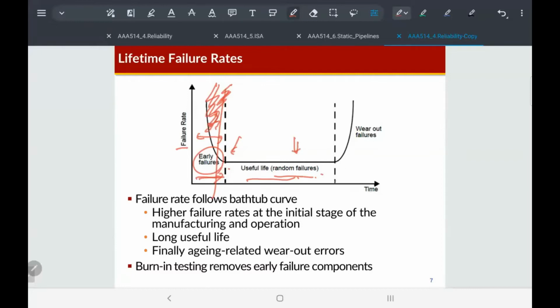And then after some very long time, devices are worn out, which means many failures can occur during this later stage. These are called wear-out errors. Okay, wear-out errors. So the failure rate looks like this graph. This is called the bathtub graph.